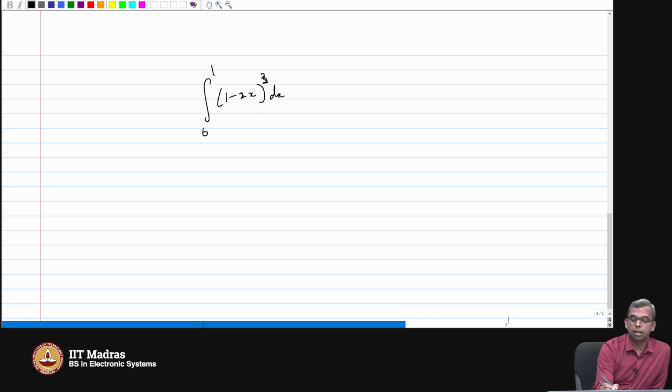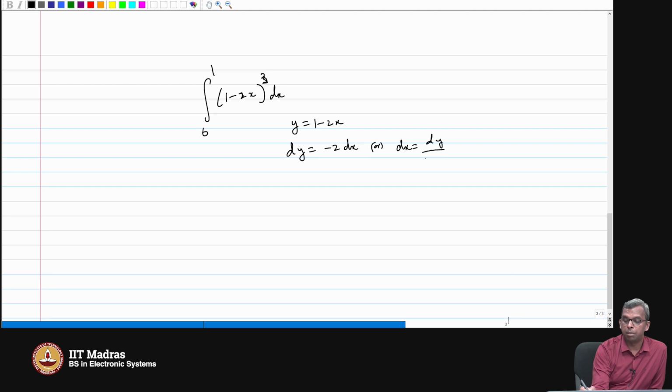Okay. So here the most obvious substitution you are looking at is to do y equals 1 minus 2x, right. So that is the u of x here. If you do the substitution, you get dy, you have to differentiate this. If you differentiate, you get minus 2 dx. Another way to write it is dx is dy by minus 2.